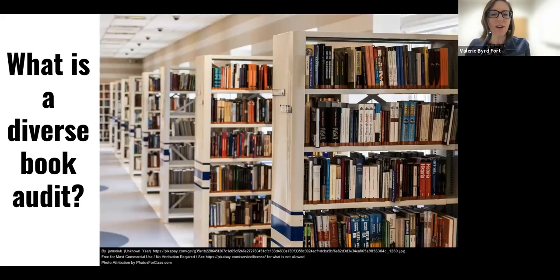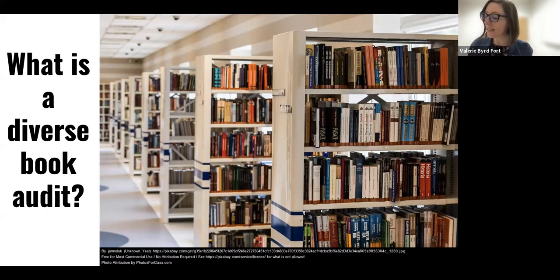So let's get started. First, what is a diverse book audit? The word audit sounds so official, right? But we can think of this in terms of our collection development. It's what we all do all the time. Doing an audit or an analysis is just part of your collection development.